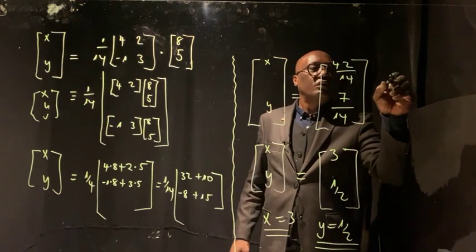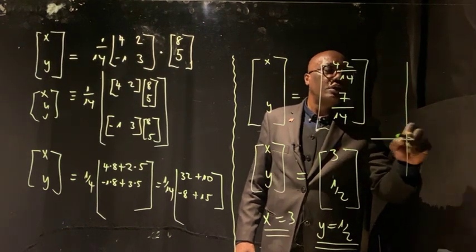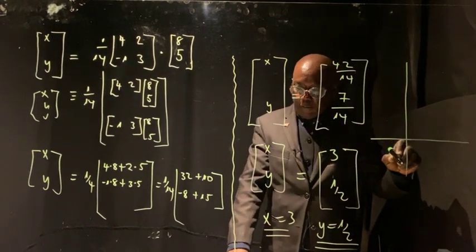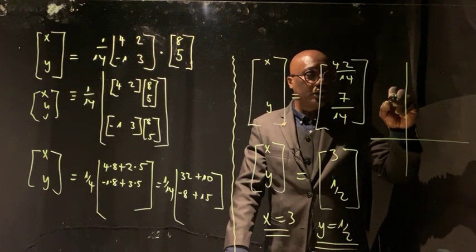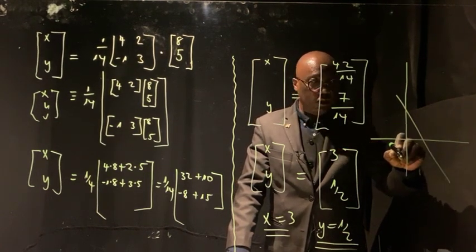If you are going to sketch the two lines, it will be something like this. One should have a positive gradient, and the other a negative gradient.